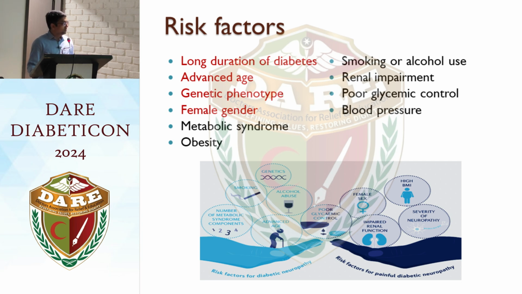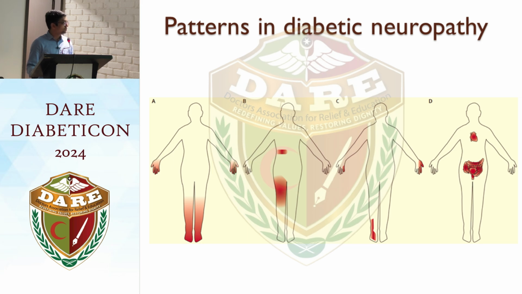The first part of this slide is showing the length-dependent pattern of neuropathy, that means glove and stocking type of neuropathy. It indicates that the neuropathy symptoms will start from the lower limb, that is the feet, then ascend up. Once it crosses the knee area, it also affects the hand area.